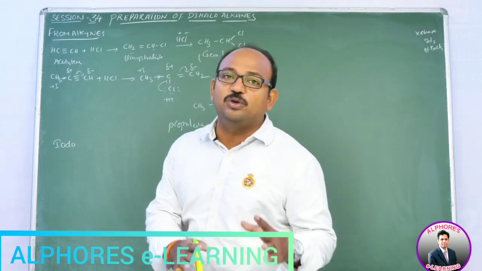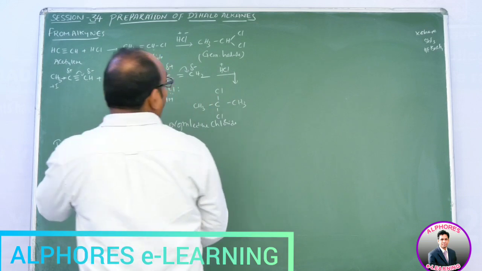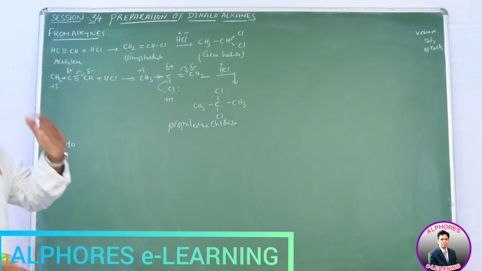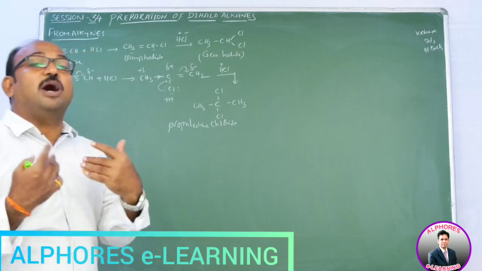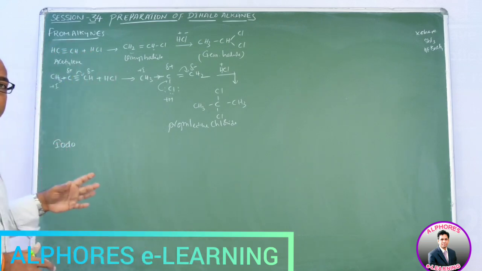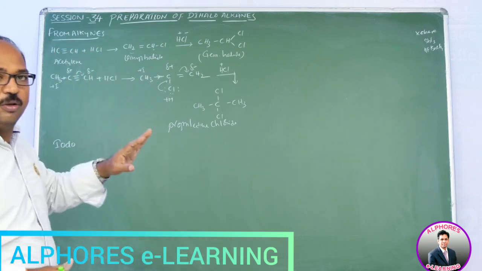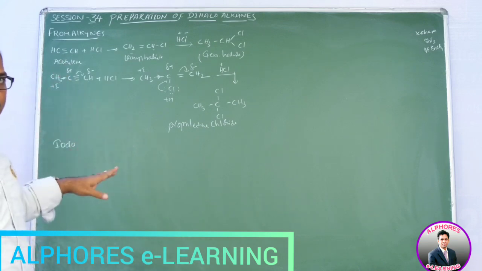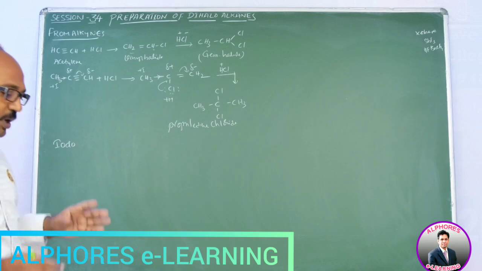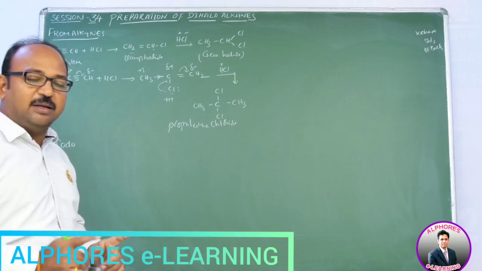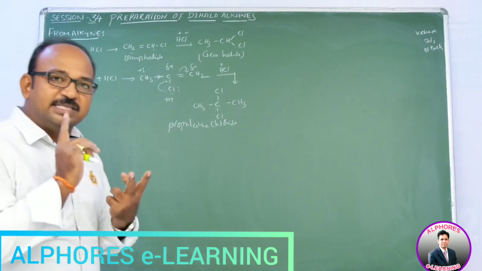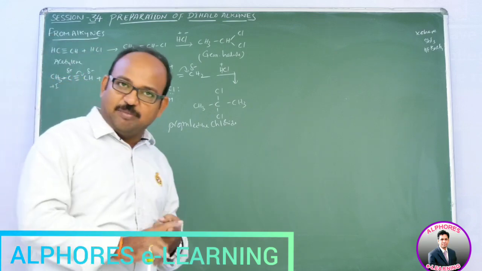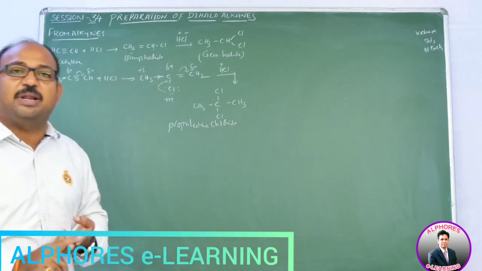Similarly, if you want to prepare fluoroalkane, shall we use the same? No. The Swarts reaction will be similar here also. So you can prepare geminal dichloride and geminal dibromide by these methods, but not gem difluoride and gem diiodide.